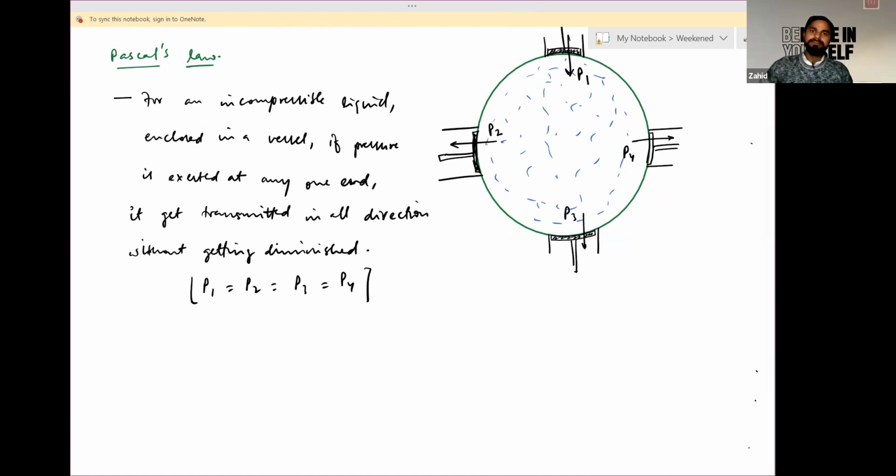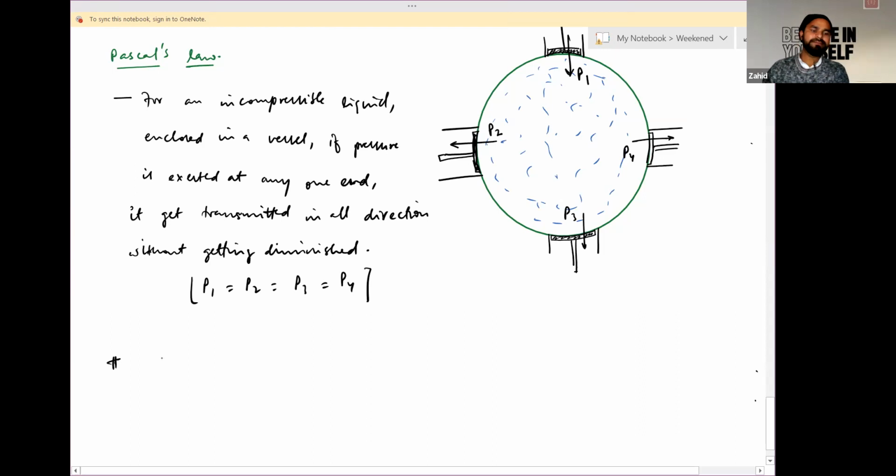Wahid, is it clear? You have written? Okay. This is the first form of Pascal's law.